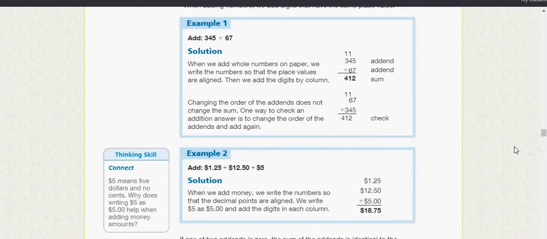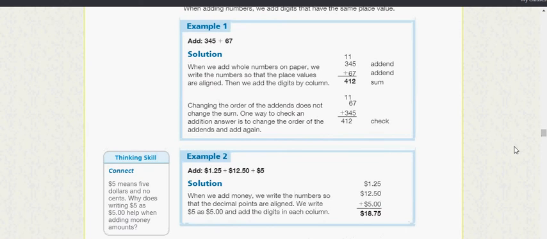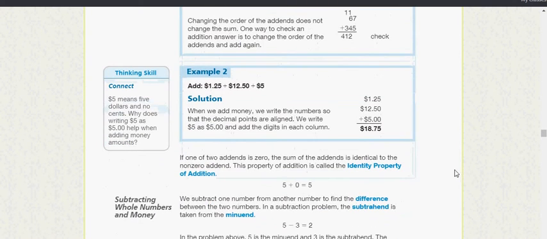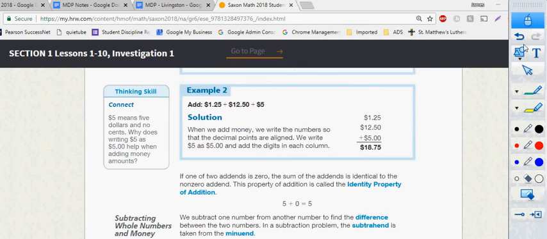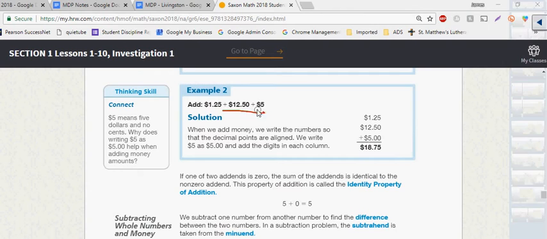Commutative property, add-ins and sums, adding numerals and also adding money, right? Here we have an example, $1.25 added to $12.50 and then a cool even $5 bill, all put together. So you wouldn't, unless you're putting it in a calculator, leave it in this horizontal form.